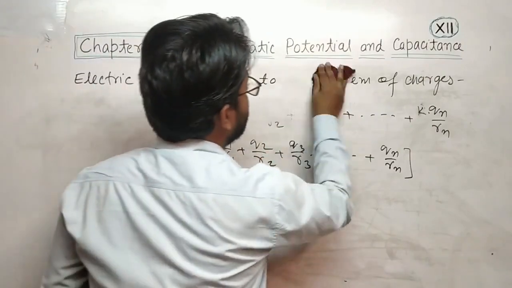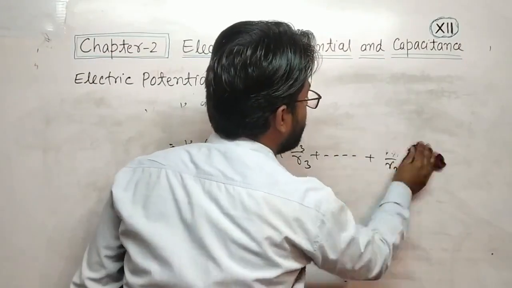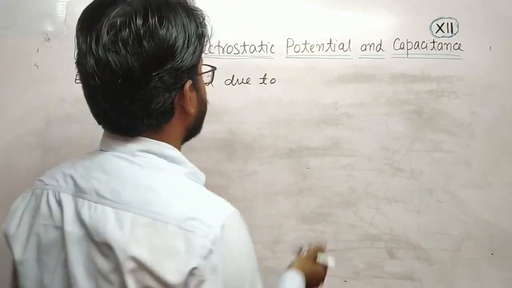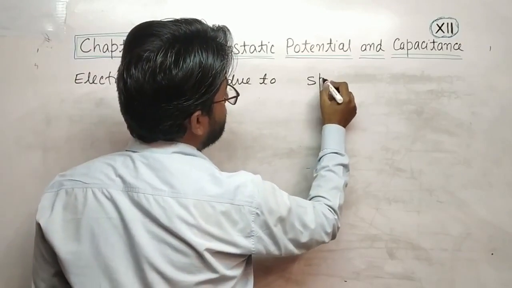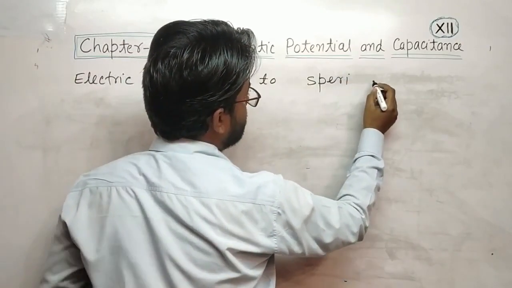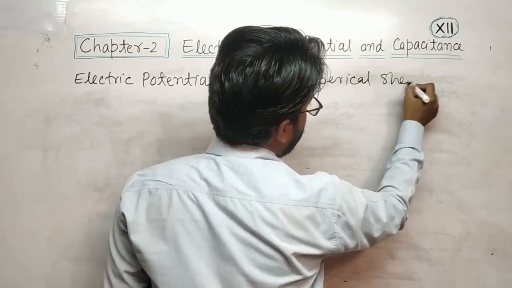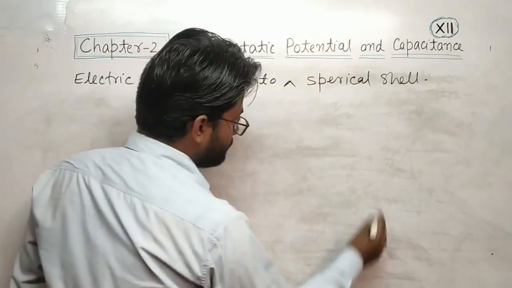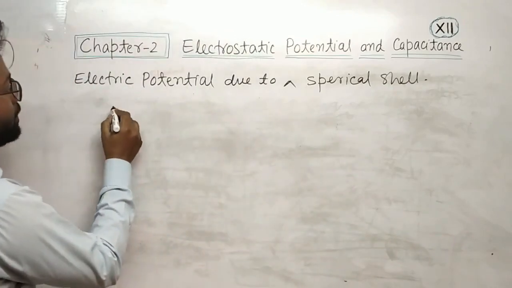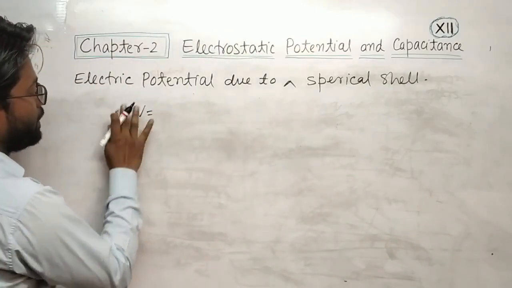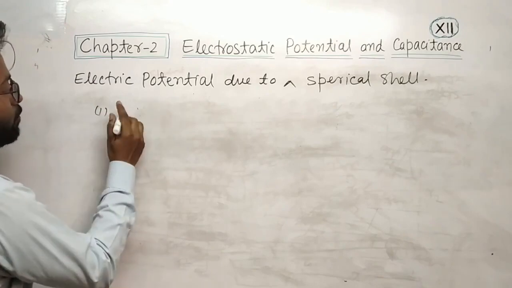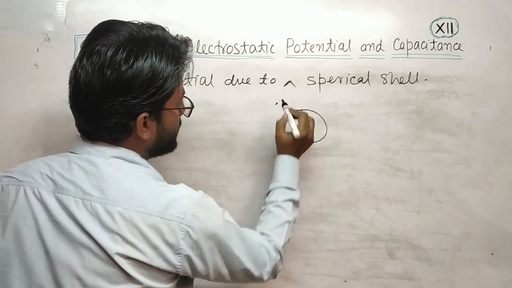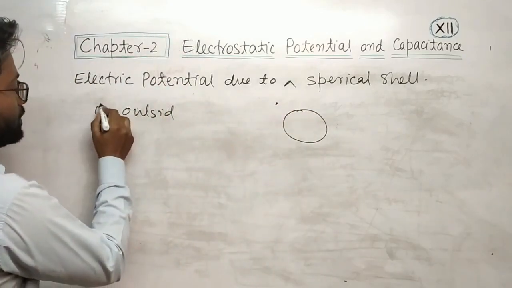And the last point is electric potential due to a uniformly charged spherical shell. First, if the point is outside the sphere.